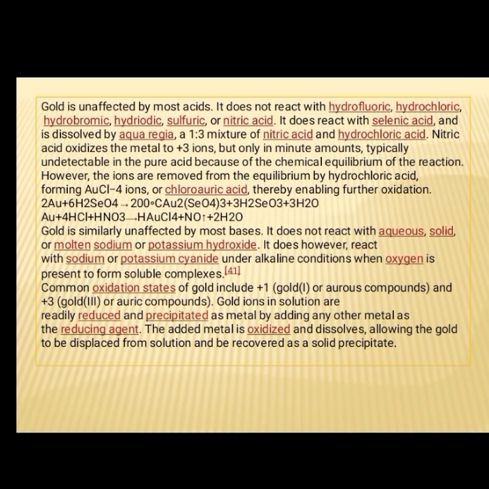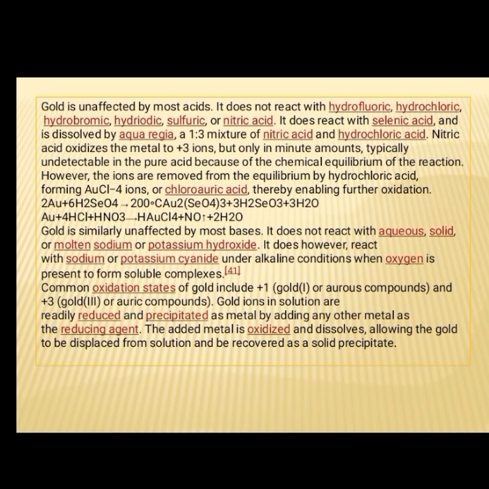Gold is similarly unaffected by most bases. It does not react with aqueous, solid, or molten sodium or potassium hydroxide. It does, however, react with sodium or potassium cyanide under alkaline conditions when oxygen is present to form soluble complexes.